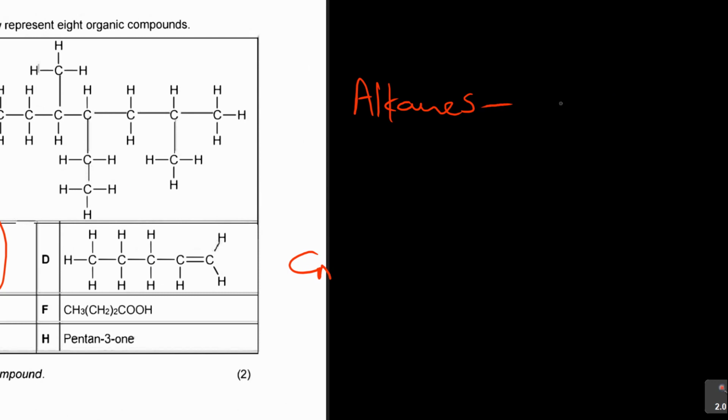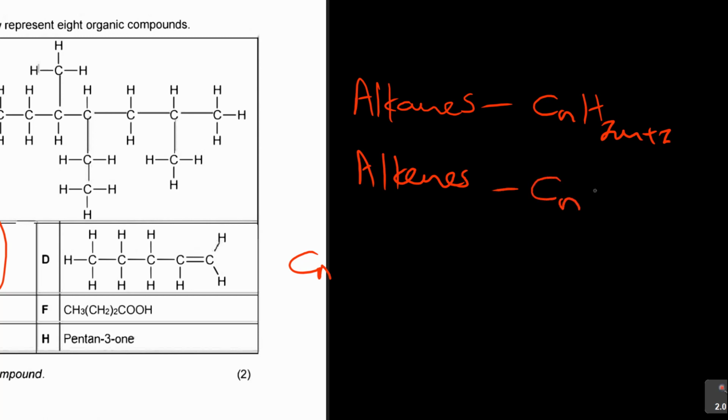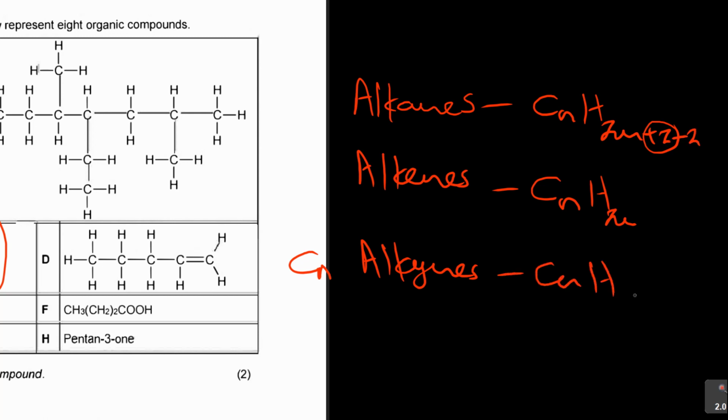Alkanes is CnH2n+2. Then you come to alkenes. You knock out 2 hydrogens, you remove this plus 2, we have got CnH2n. You come to alkynes. Remember, you're subtracting, so it's CnH2n minus 2. So the answer there, the general formula is CnH2n.